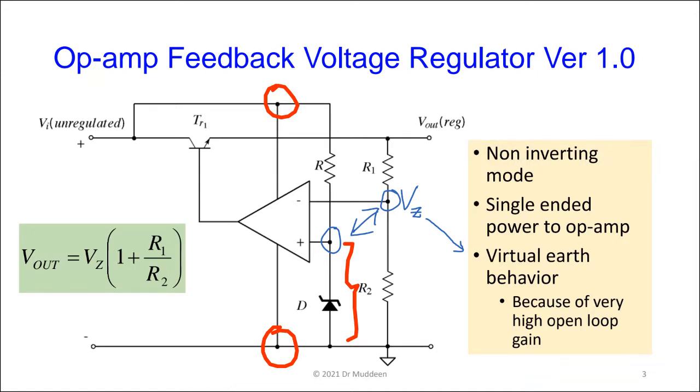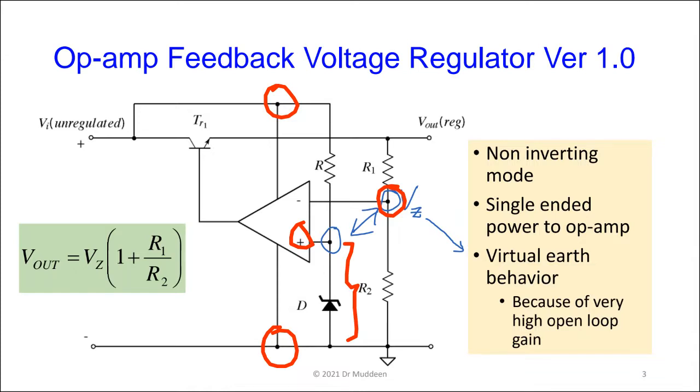So if you look at the circuit right here, if we put VZ on the non-inverting input and the inverting input is trying to track that, because of that virtual earth behavior, the point circled in red is now VZ. That allows us to calculate the relationship between V out and VZ.